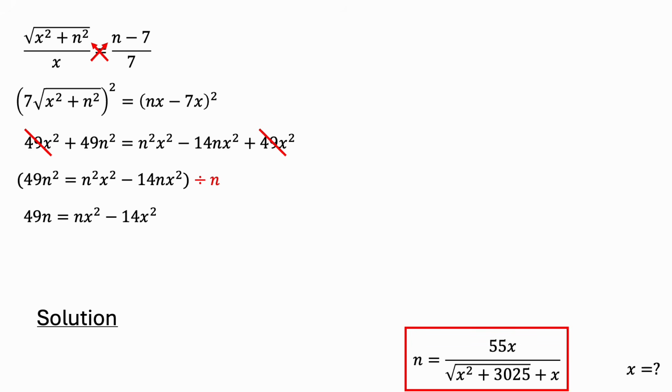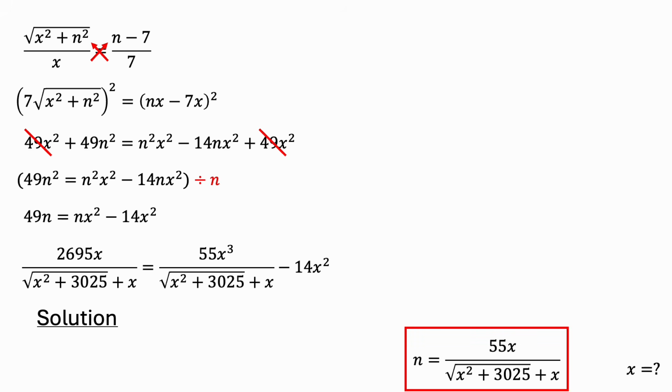Substituting the expression for n gives 2695x over square root x squared plus 3025 plus x equals 55x cubed over square root x squared plus 3025 plus x minus 14x squared.